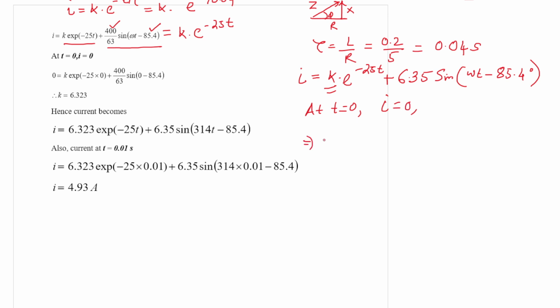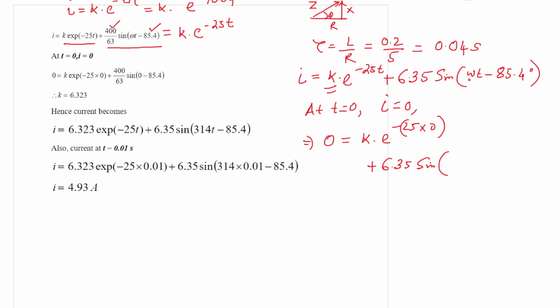So if you substitute i is equal to 0, we get k into e to the power minus 25 into 0 plus, not 63.5, it is 6.35, 6.35 sine.